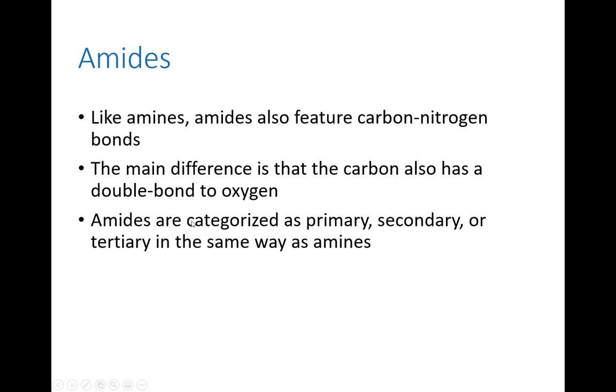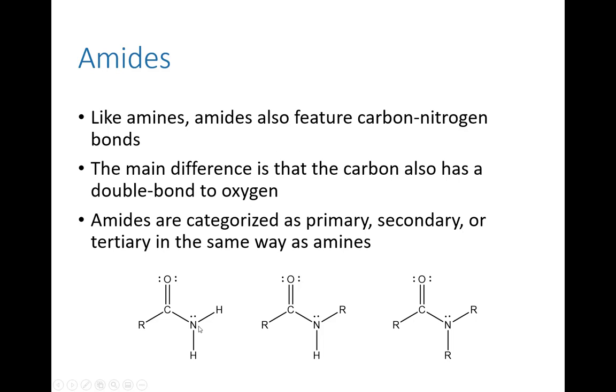So let's look at a few examples of the way that we're going to categorize them and what they look like. First of all, we can categorize amides as primary, secondary, or tertiary in exactly the same fashion as amines. We look at the nitrogen and we see how many carbons it's bonded to. In this case, it's bonded to one carbon, and since that carbon also has a double-bonded oxygen, that makes this an amide. These are the atoms that you're looking for, these three here.